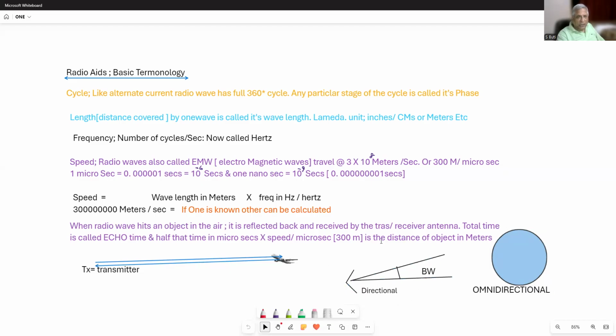When this radar is rotating and pointing in a direction, the direction will be known, and the radar will calculate the distance from the time the echo was received in so many seconds. Half of that time is the one-way time, multiplied by the speed, which gives you the distance. That's how a normal radar works. We'll study it in detail when we come to the radar lessons.